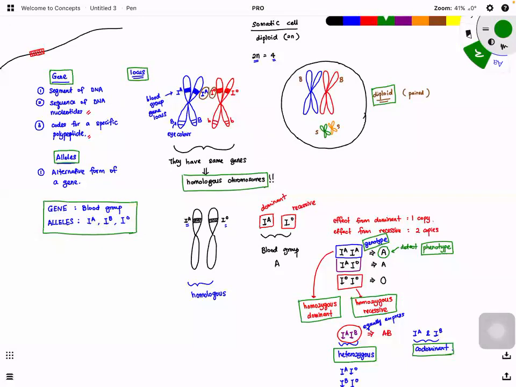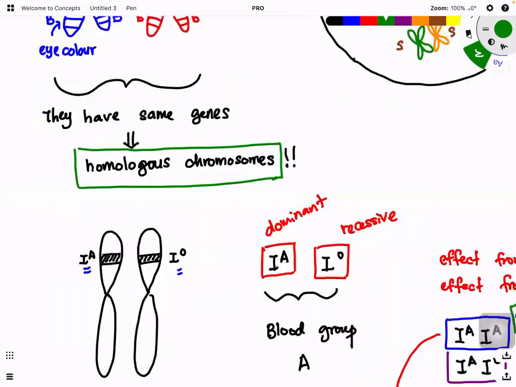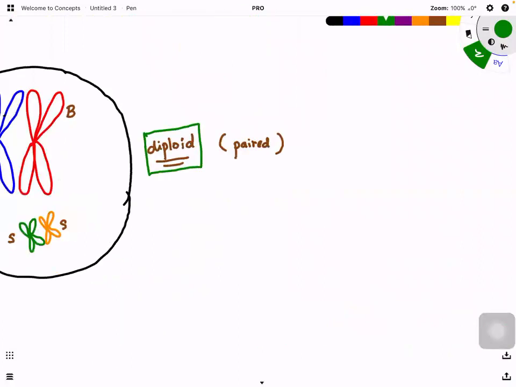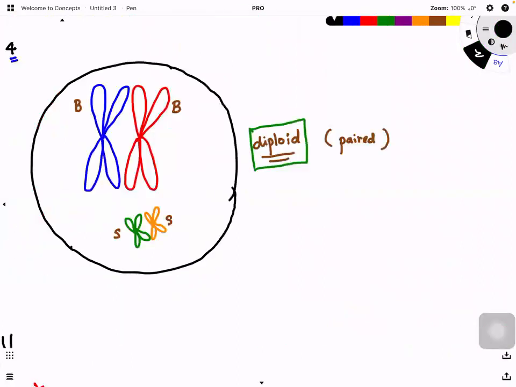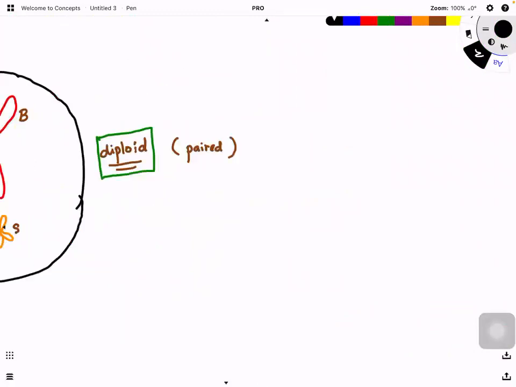What we have to know here is the haploids. So what is meant by haploid? The diploid cells reduce the number of chromosomes from two sets of paired chromosomes to one set of unpaired chromosomes through a process called meiosis, or in some books we use the word reduction division.